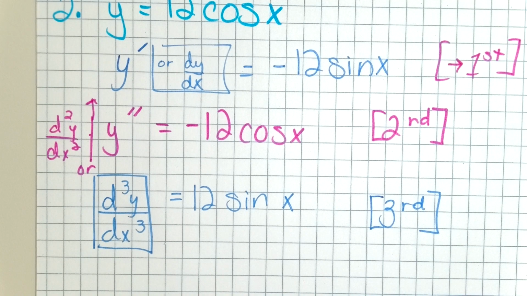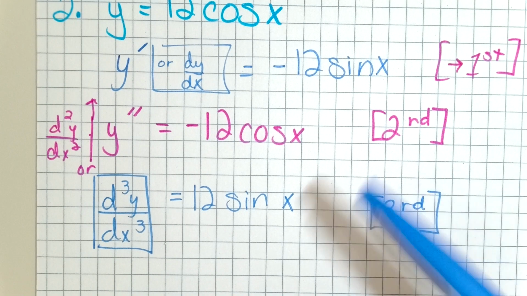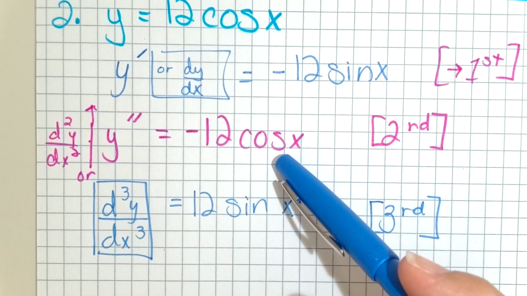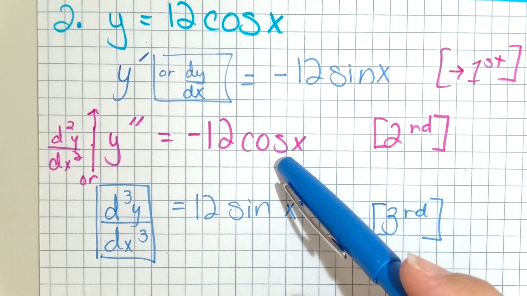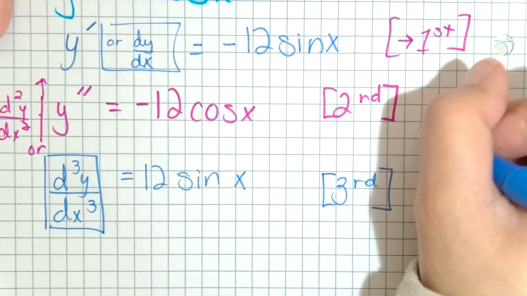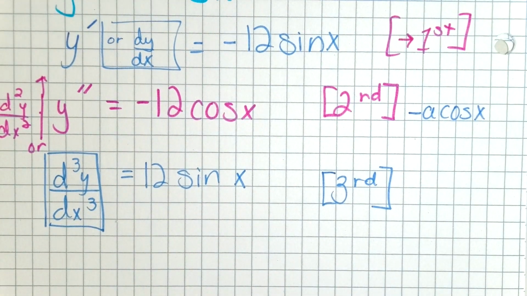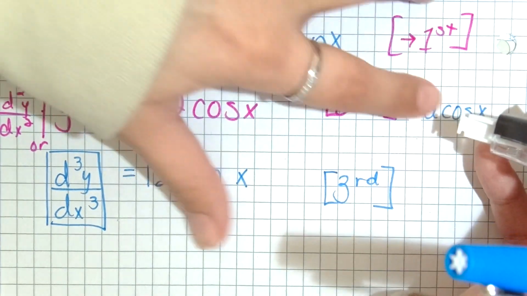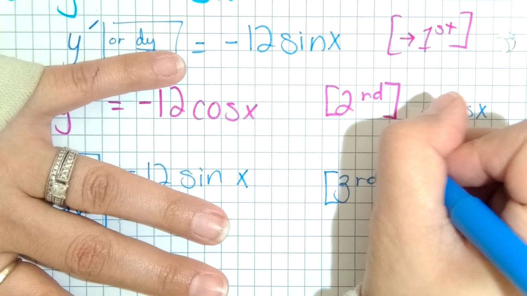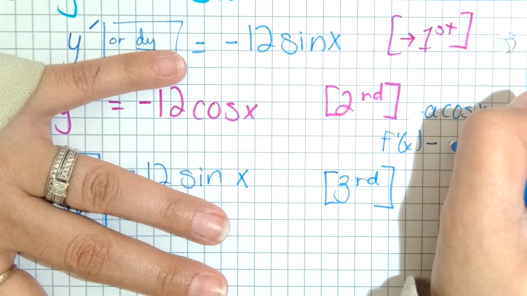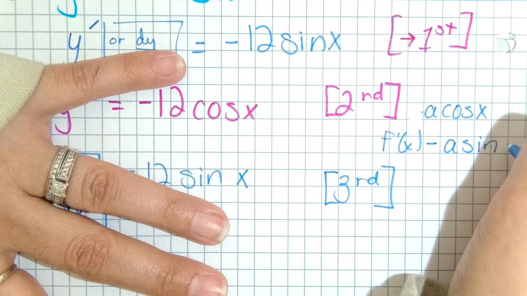Questions? What is the derivative of cosine? Remember, if we have cosine x, the derivative is negative sine.